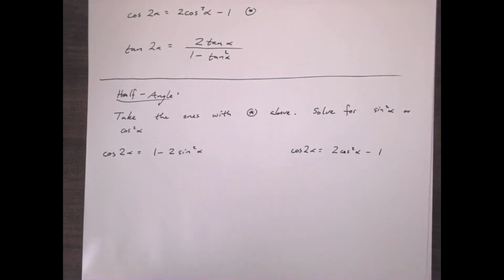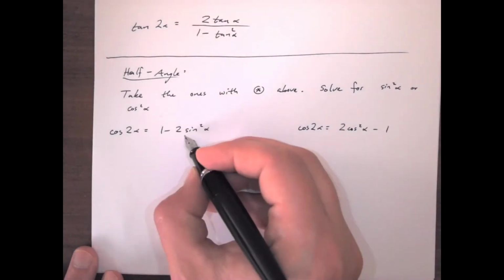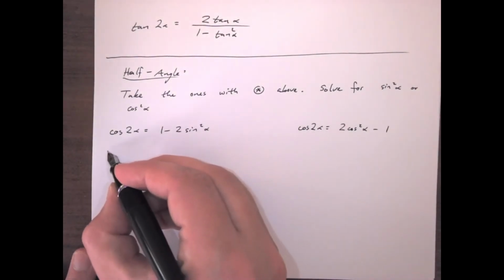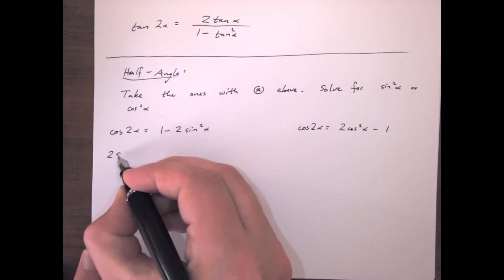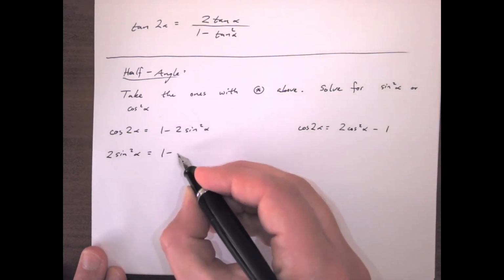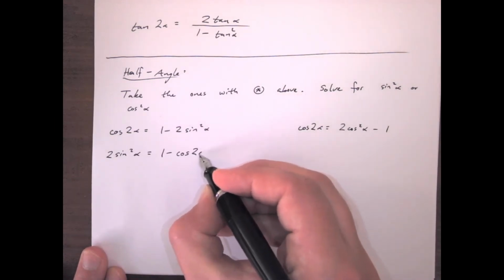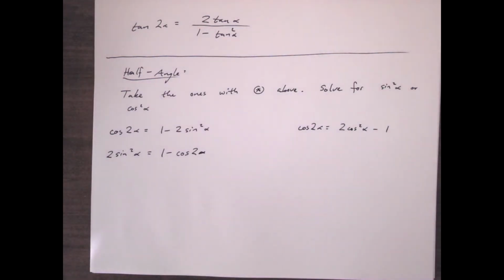Now in this case I will add 2 sine squared alpha to both sides, subtract cosine 2 alpha, and divide by 2.